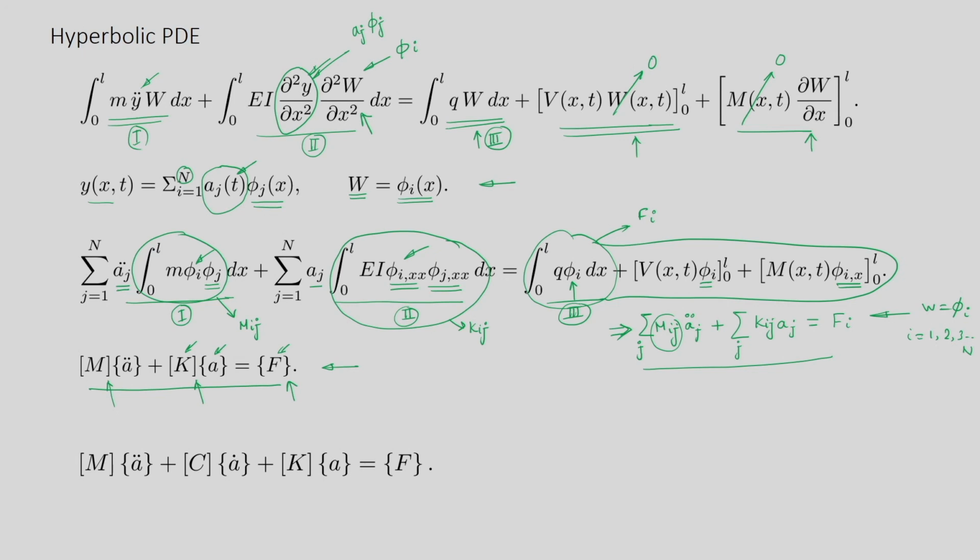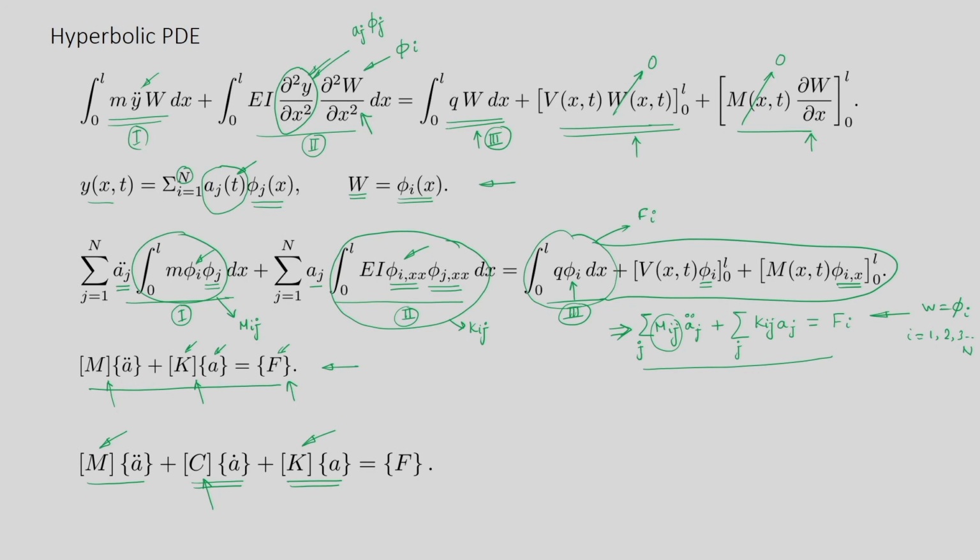Now before going further, what we will do is we will take a general problem. In that case we have, as usual, M a double dot plus K a term, but in addition I have also considered the damping term. So this is basically the mass matrix, this is the stiffness matrix. In addition I have considered another matrix C, which basically represents the damping in the system, because most real life problems have damping inbuilt.